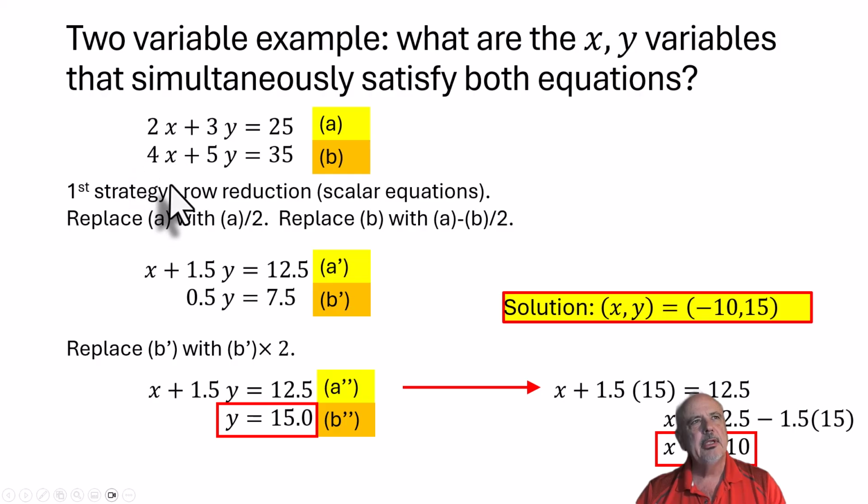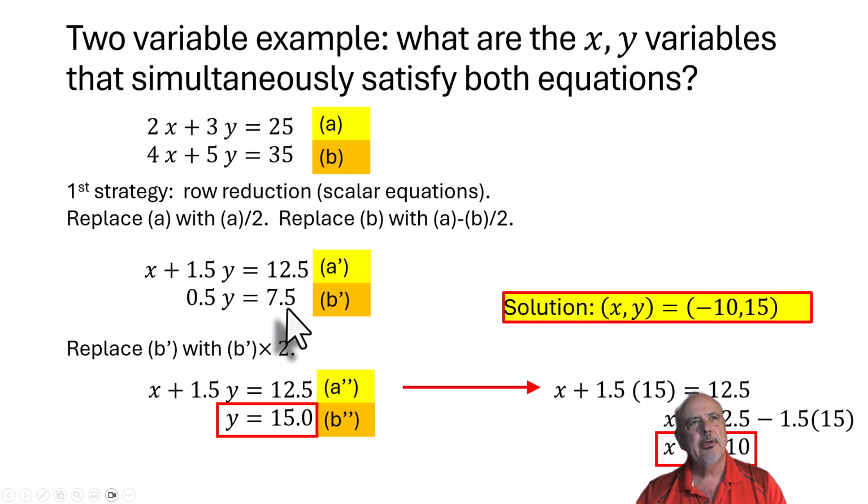So we end up killing the x, and we end up with 3y minus 2.5y, so that's going to be half a y. We're going to have 25 minus b over 2, so that's 17.5.